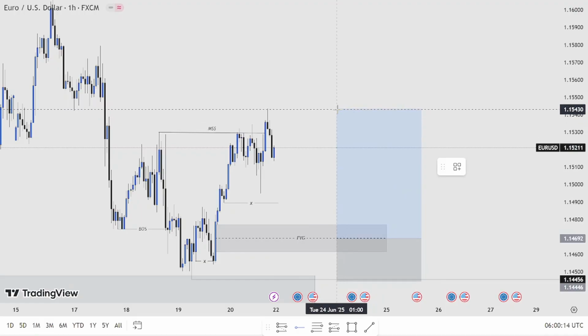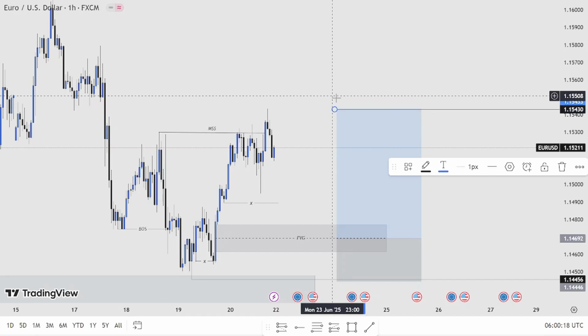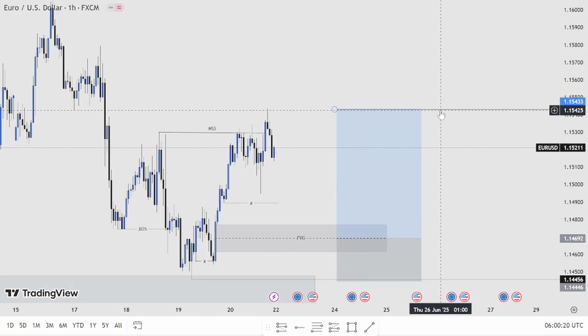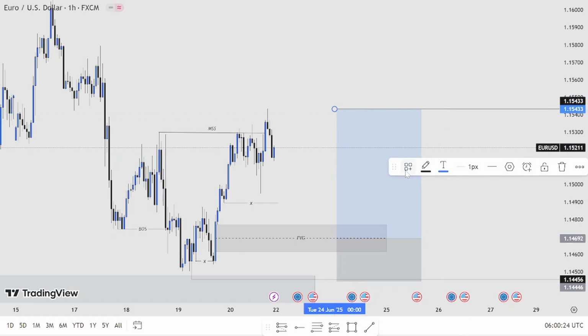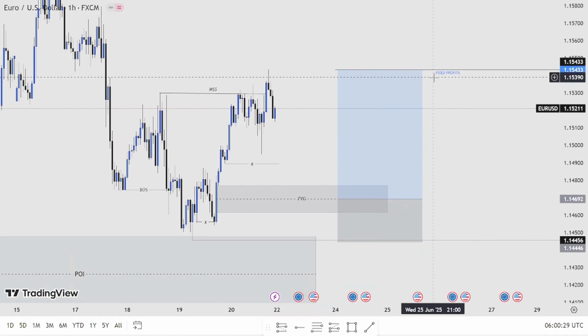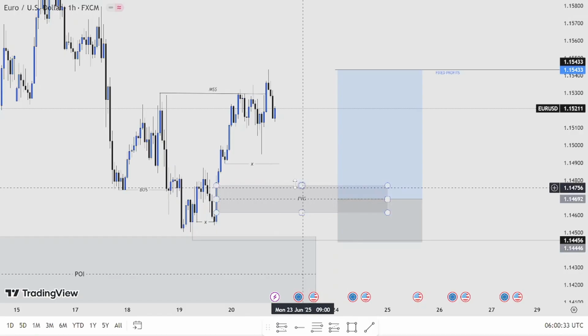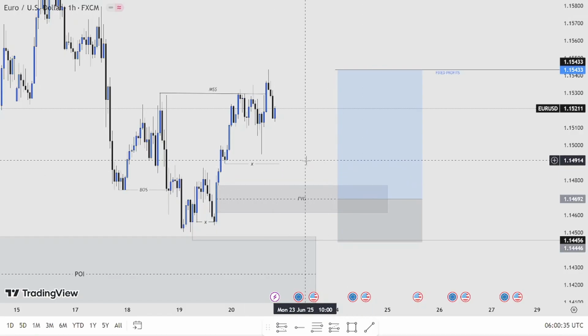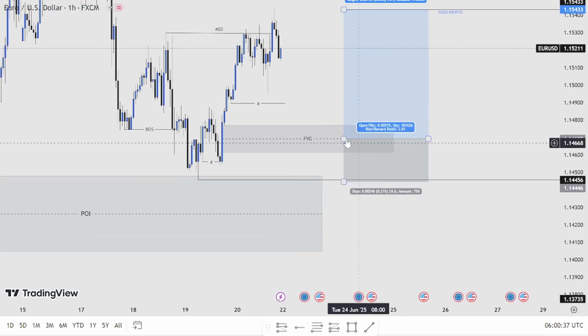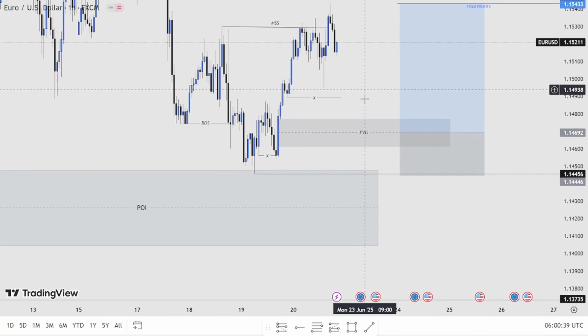So I'm risking 1% to make 3%. I call this fixed because I always go for 1 to 3. My strategy is just one. That's how I trade. I go just 1 to 3.